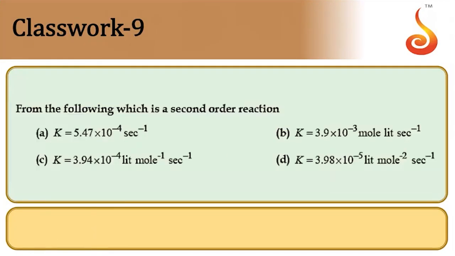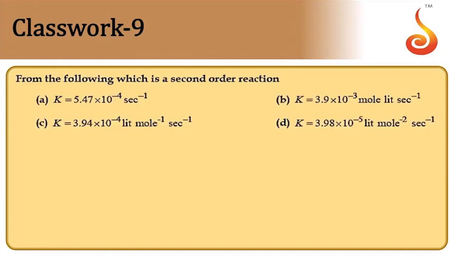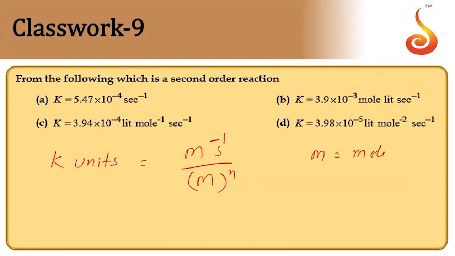Then, which of the following is the second order reaction? For a second order reaction, we should know the units. In general, K units will be equal to molar per second divided by molar to the power of n, where n is the order of the reaction. Here molar stands for mole per liter.